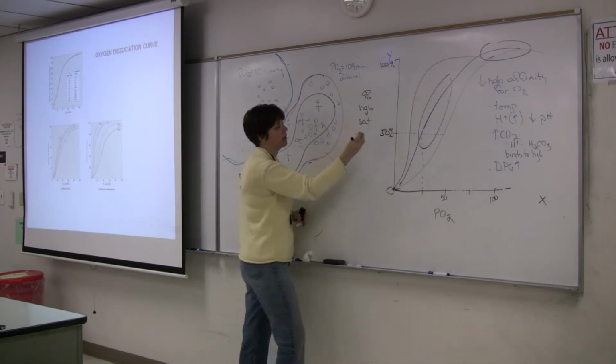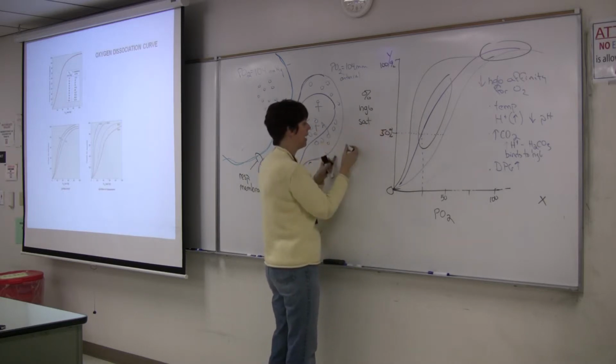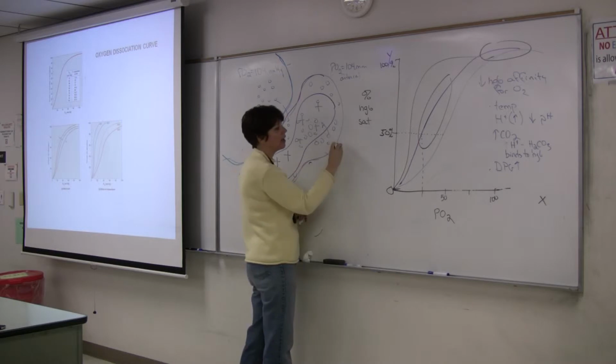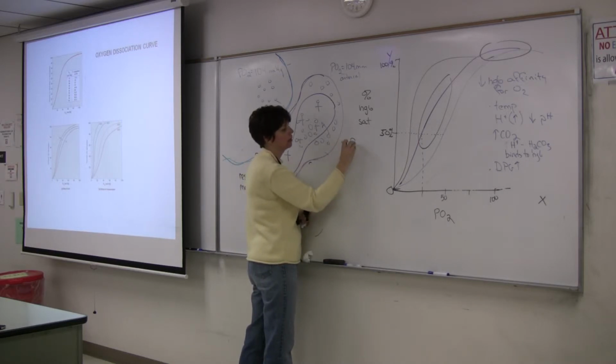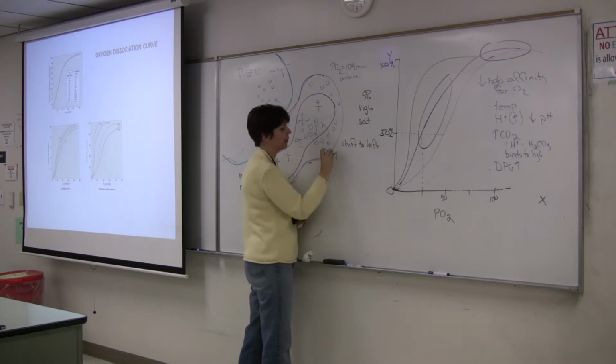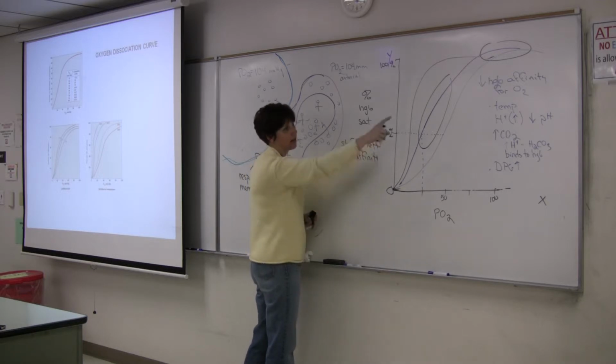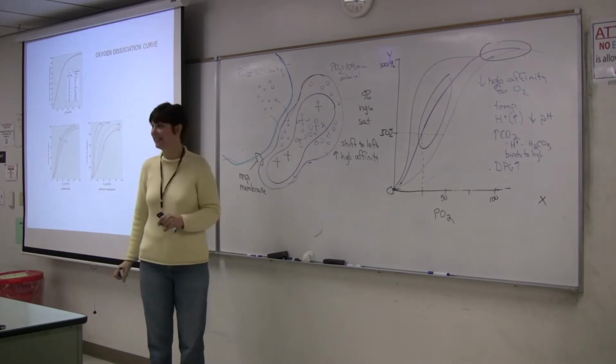So this is going to result in, where shall I write this? I'm going to write it here, just assume it's going for that, okay? So this is going to result in a shift to the left, reflects an increase in hemoglobin affinity, and the opposite of all the things I wrote up there are going to cause a shift to the left.